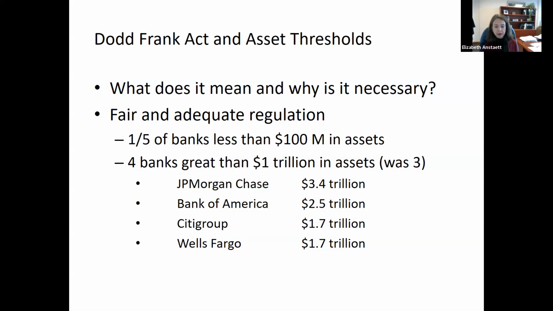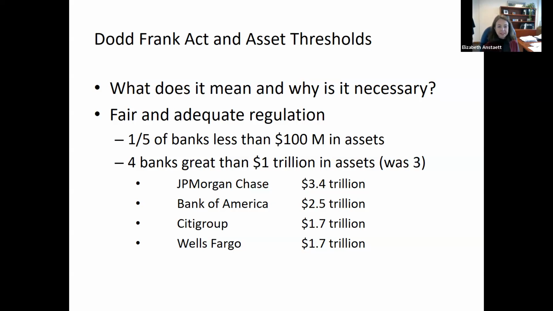As we've talked about, we have seen in the United States a system of large banks and community banks, and they're very different animals. So, one of the key things as a compliance professional is to really determine what your compliance obligations are, and that may depend on your assets.